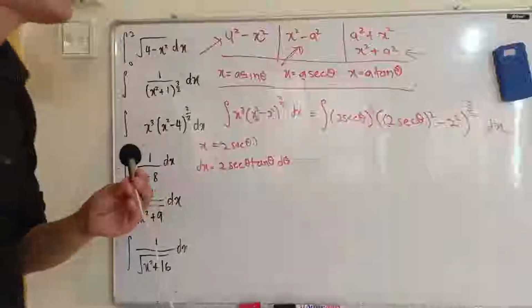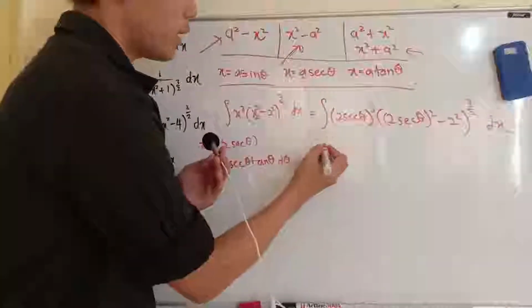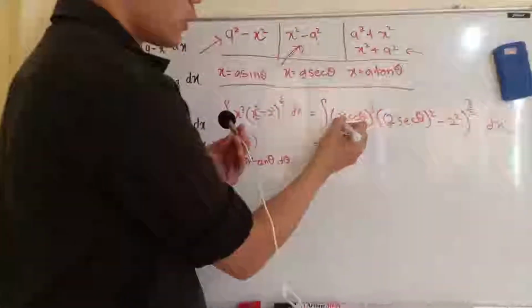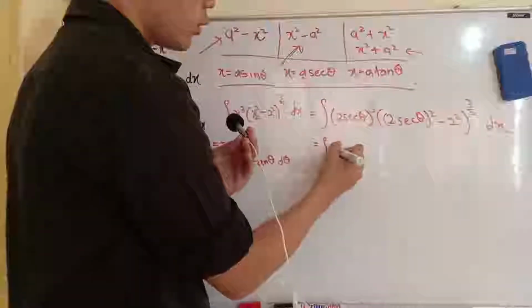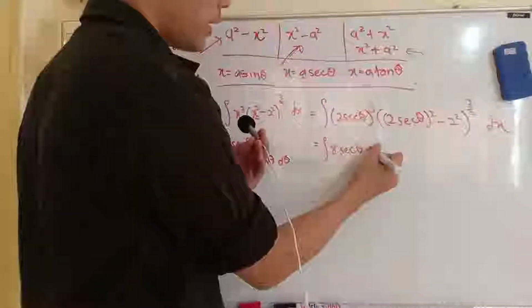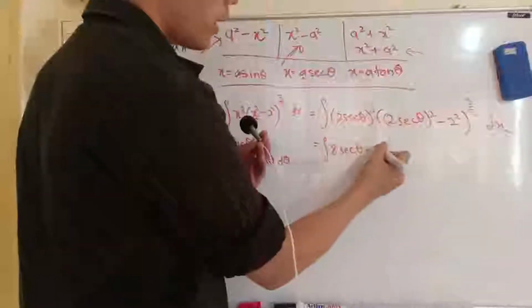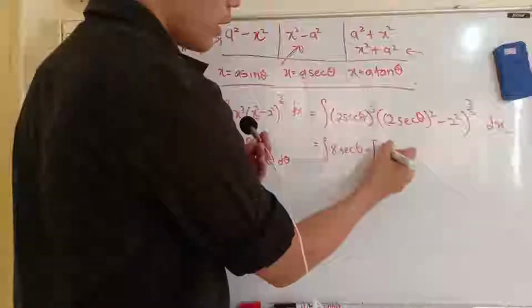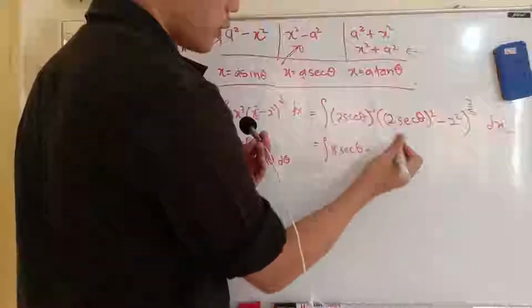Then what you're going to do is just expand it. So 2 cube is going to be 8 secant cube theta, and then 2 square is going to be, okay, here I'm just going to do it like this.